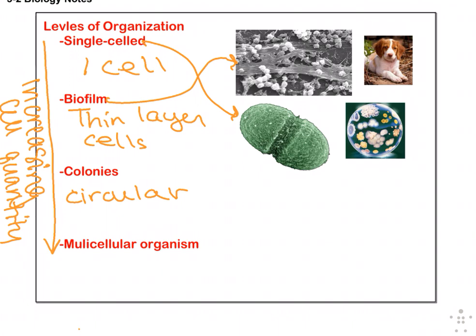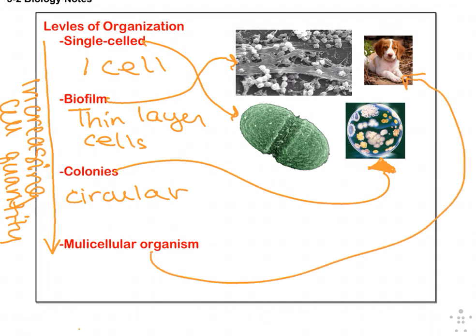When your teeth feel fuzzy because you haven't brushed them in a while, that would be a biofilm of bacteria eating the junk left on your teeth from your food. Yes, that's gross. Here's an example of colonies of bacteria or colonies of cells, and then obviously a multicellular organism.